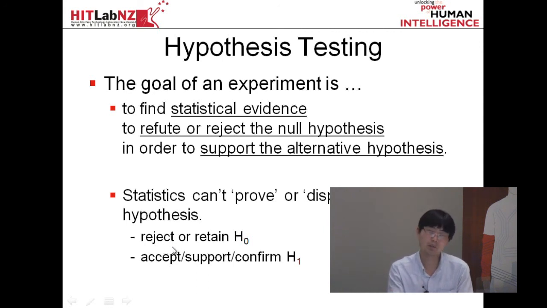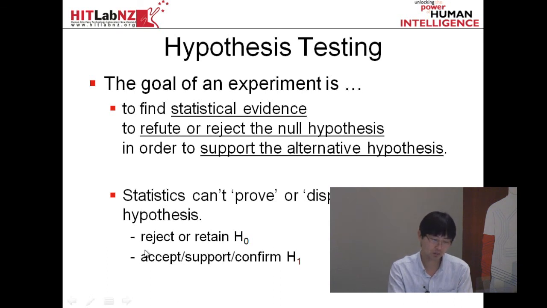Rejecting your null hypothesis is saying that, with high probability, it's not true. Retaining is saying with high probability, it seems to be true. So you either reject or retain your null hypothesis to support or reject your alternative hypothesis.